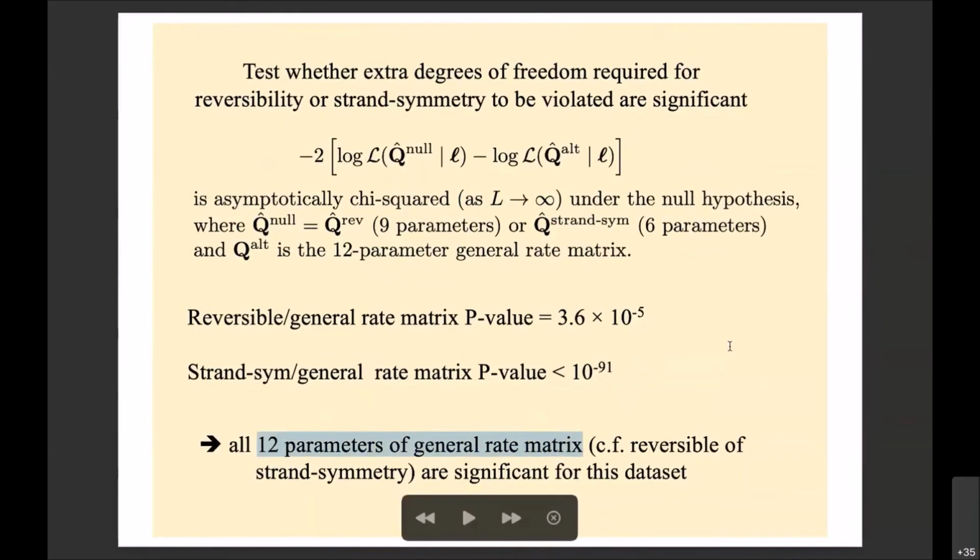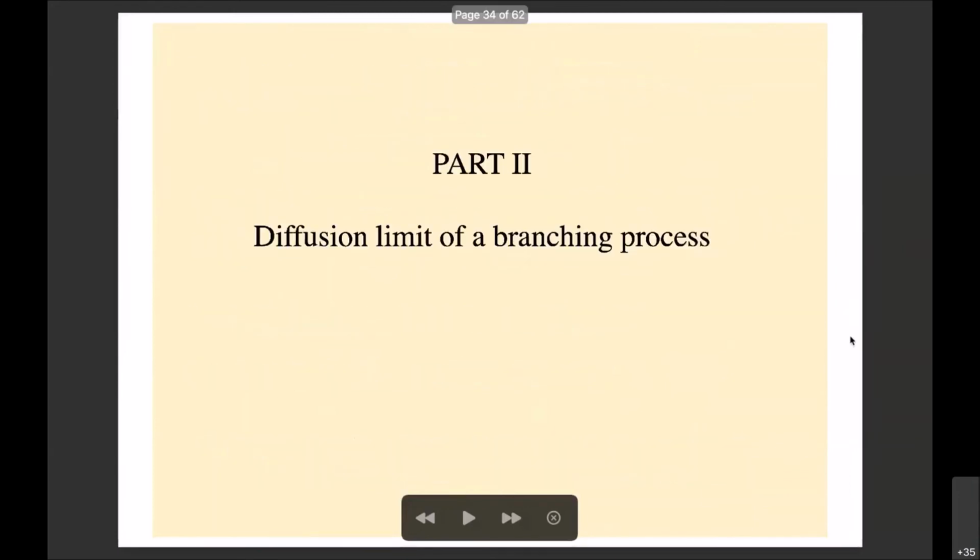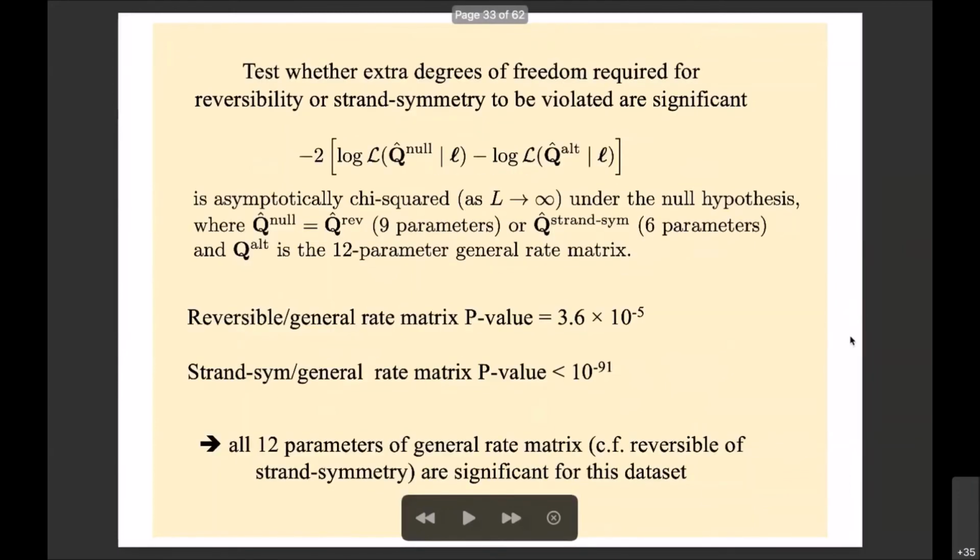If you think you can just get away with saying, well, actually, we think this might be a reversible rate matrix because the maths is easier, or we think this might be strand symmetric, it turns out that no, for this particular data set, it looks like you need all 12 parameters, they are quite significant. So that's basically summing up the first part.